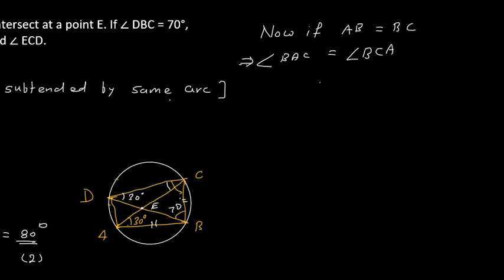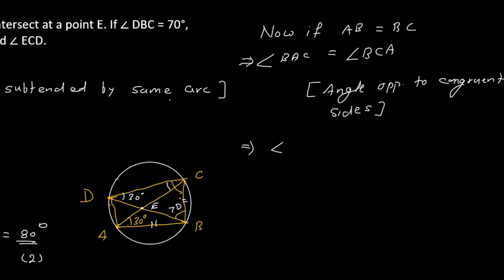Reason: angles opposite to congruent sides, or angles opposite to equal sides, or the isosceles triangle theorem. Therefore I will get angle BCA is equal to 30 degrees. This is, say, the third equation.